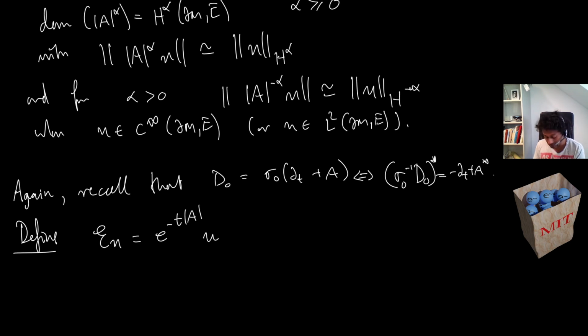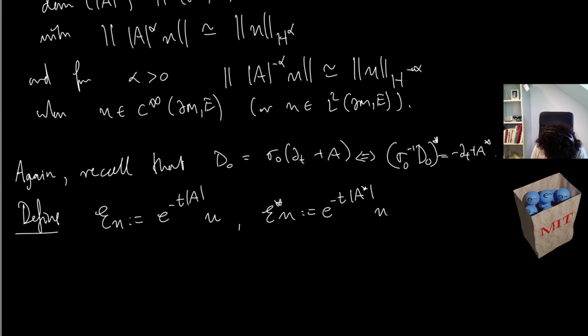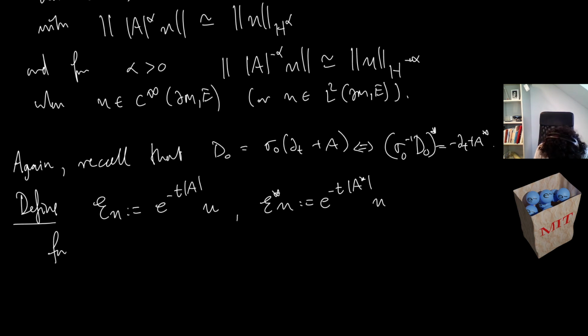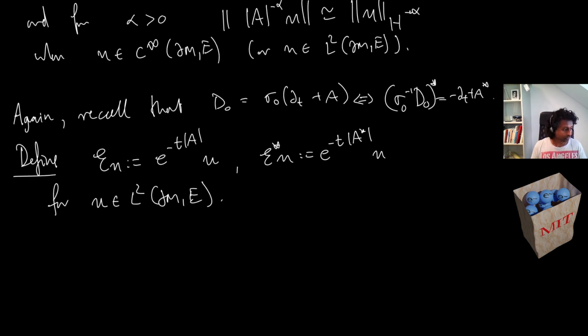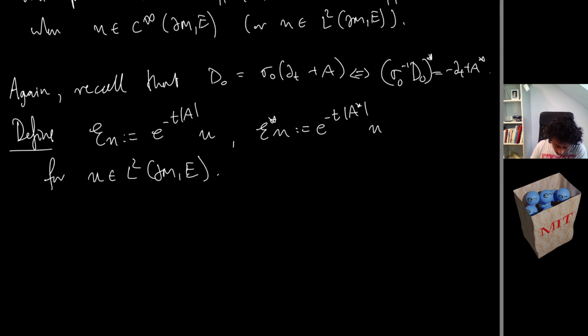E of U is the solution operator to the heat equation with respect to the omega sectorial and invertible operator A, and then E star of U, let me define to be e to the minus t modulus A star of U, for U in L2 of partial M of V. Okay, so we've already considered semigroup theory and we've seen how this gives rise to semigroups. So lemma 1.